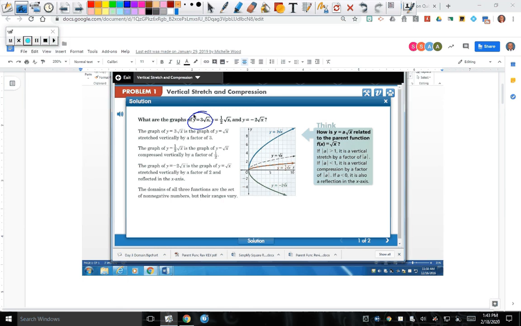Yep. Vertical, yep. Stretch by 3. It might be a little bit hard to read, but that's a 3. Okay, no worries. All right, the other Jordan, let's go with what's in red. Vertical compression by 1/2.